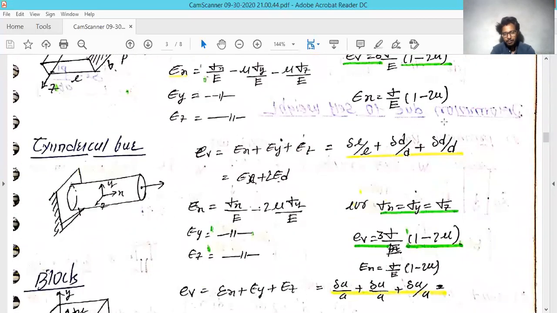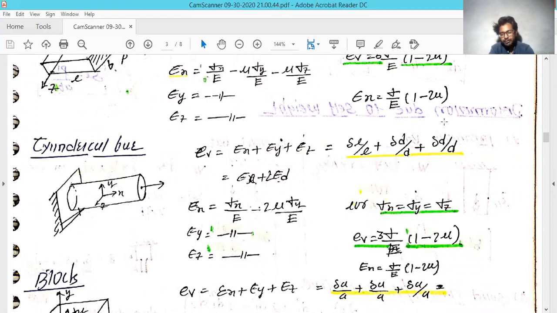In the same manner we use it for the cylindrical bar, but in the cylindrical bar, the only thing that changes is the cross section. We have length in the x direction, but in the y and z directions we have the diameter on both sides. So the only thing is we have to assume that the strain in the y and z direction will be the same in any condition.